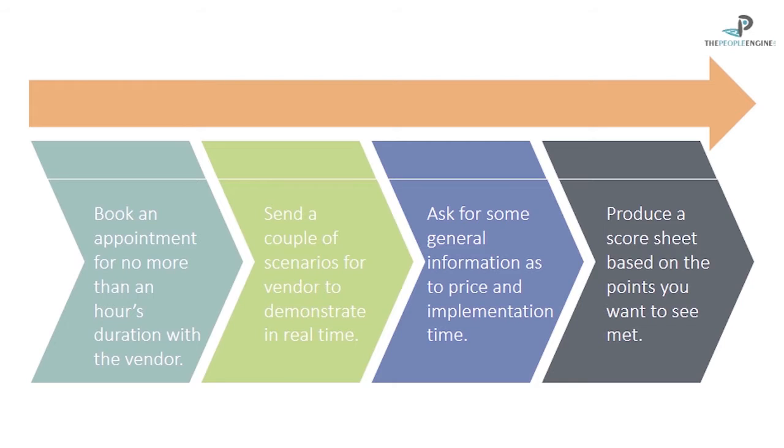It would be very helpful for a vendor to send a couple of scenarios for vendors to demonstrate to you in real time. You can ask for some general information about price and implementation time, and by all means produce a score sheet based on the points you want to see. So if they're unable to satisfy you on some points, they get nothing. If they fully satisfy you that this will actually work for you, they get 10 points or something like that.